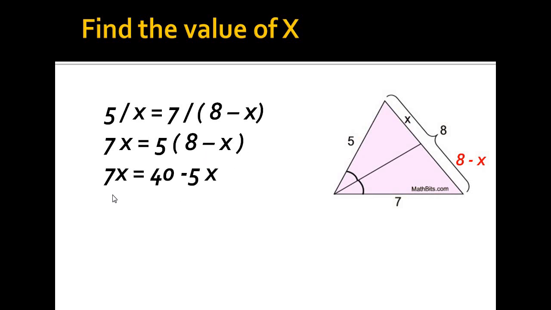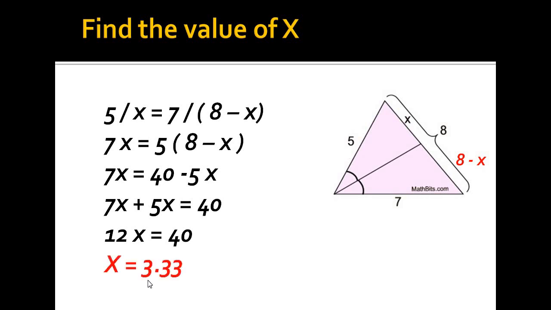So 7x will be as it is. 5 times 8 equals 40, and 5 times negative x equals negative 5x. By collecting the like terms together, 7x plus 5x equals 40. 7x plus 5x equals 12x. So 12x here equals 40. Of course, by dividing by 12, x equals 3.3.